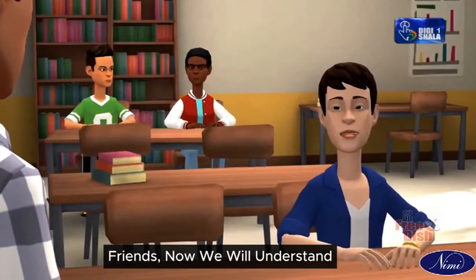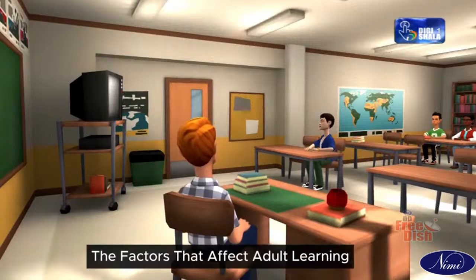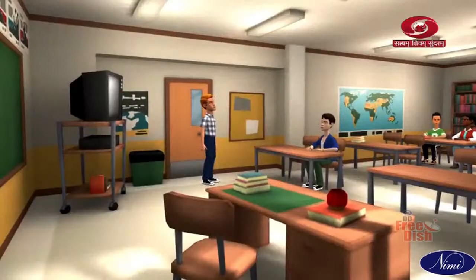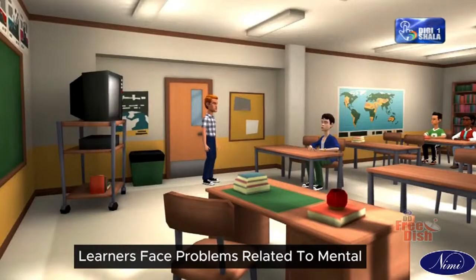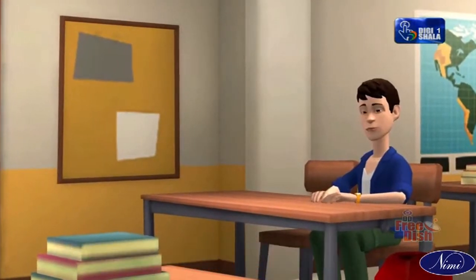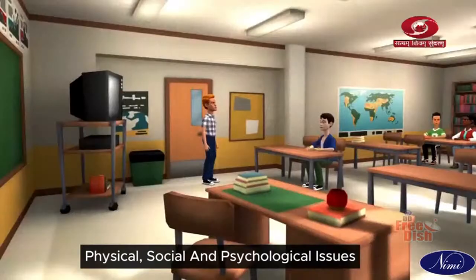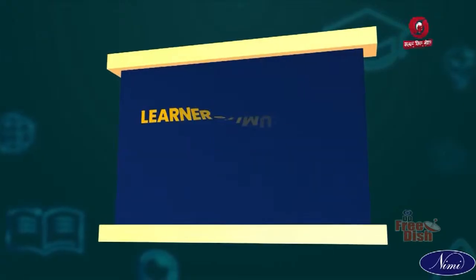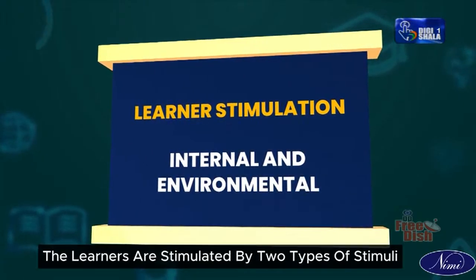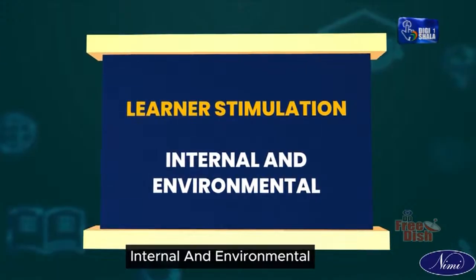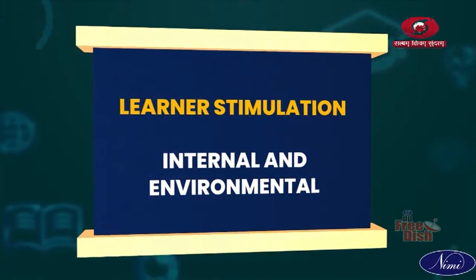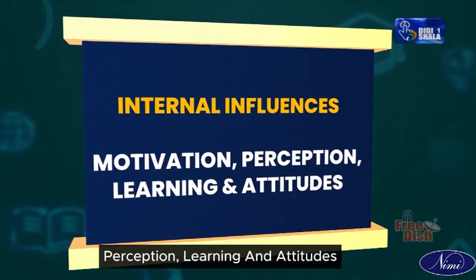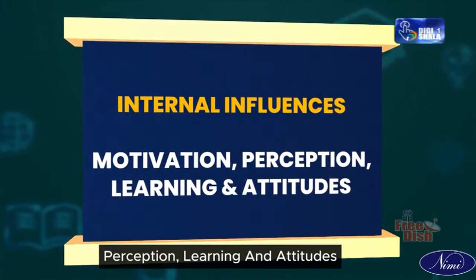Friends, now we will understand the factors that affect adult learning. Learners face problems related to mental, physical, social, and psychological issues. The learners are stimulated by 2 types of stimuli: internal and environmental. The internal influences comprise of motivation, perception, learning, and attitudes.